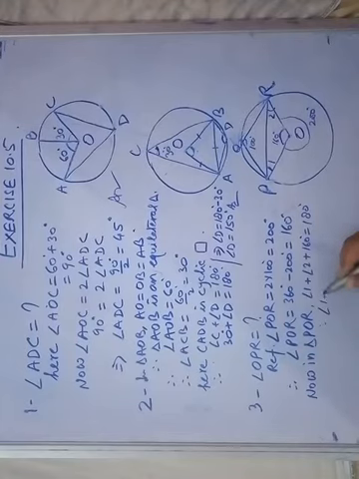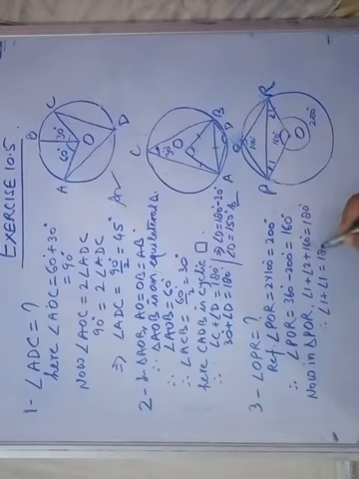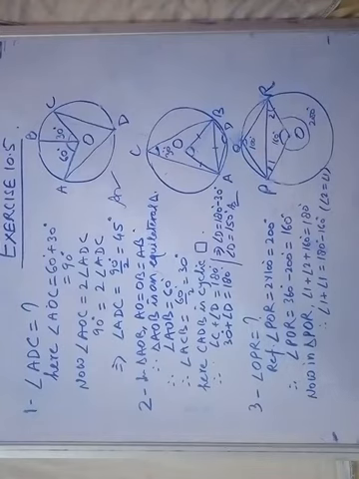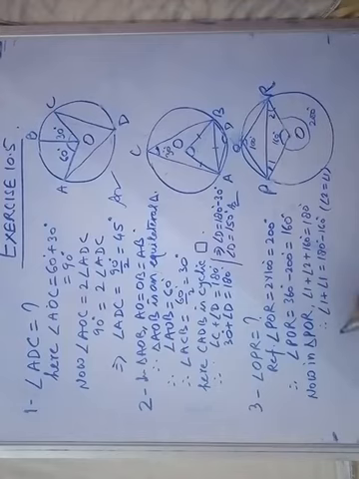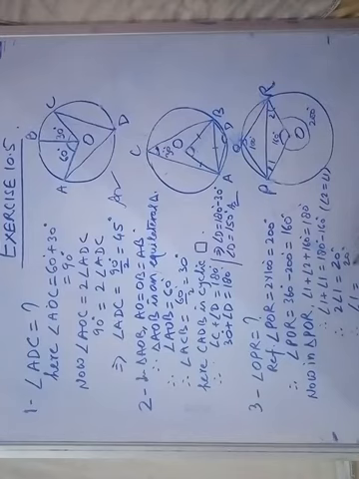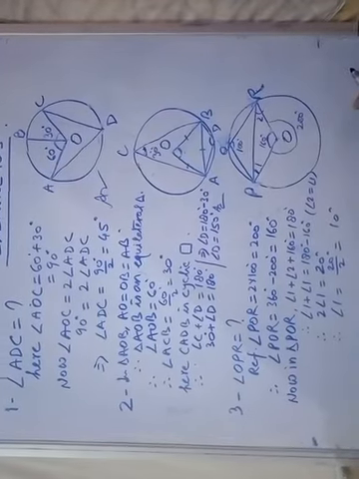So angle 1 plus angle 1 equals 180 minus 160, as angle 2 equals angle 1. So twice angle 1 equals 20 degrees, so angle 1 equals 20 divided by 2, that is 10 degrees. So here we get the required answer.